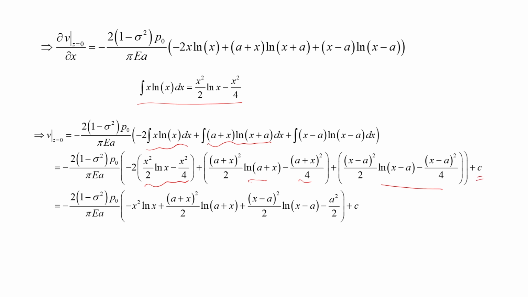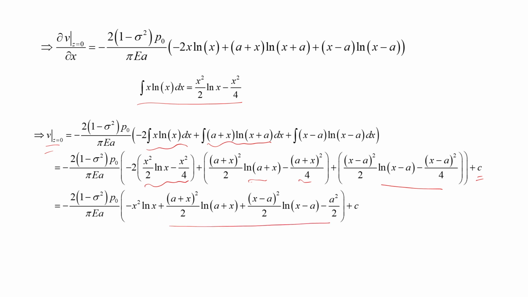C has to be found out by writing that v at z equal to 0 will be 0 at a very large value of x. Then we do a little algebraic manipulation, and finally we get this expression which comes out very naturally over here.